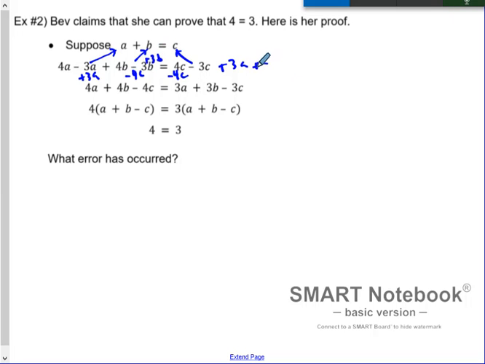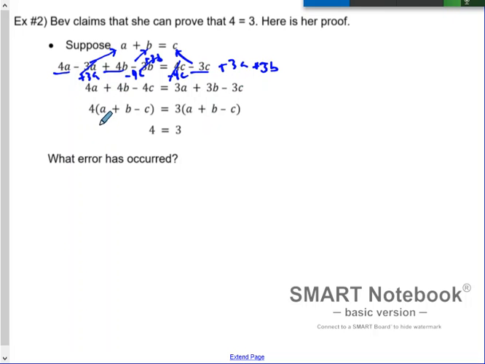So then we have 4A plus 4B minus 4C, and we have 3A plus 3B minus 3C over here. Everything looks okay in that step.